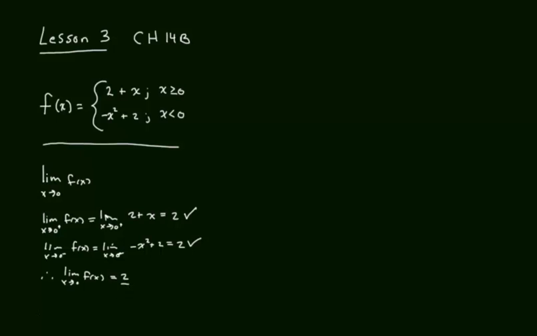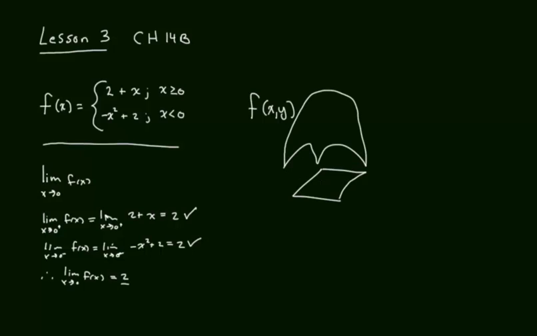Now, let's take a look at a function f of x and y. So we have our Cartesian plane here, and then we have some function above the Cartesian plane, and we may be asked to find a limit as we approach, let's say, this point here.